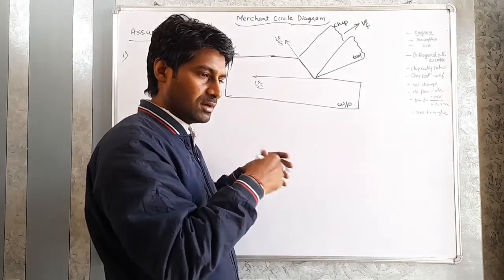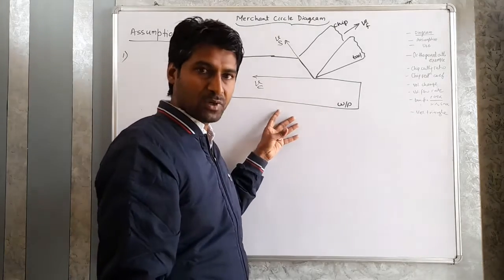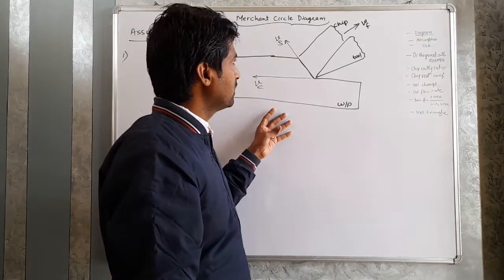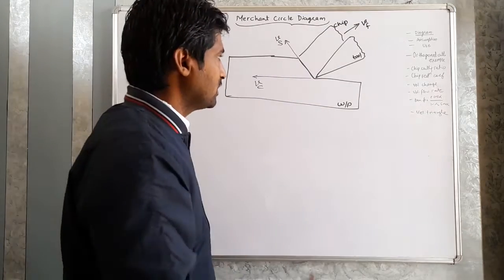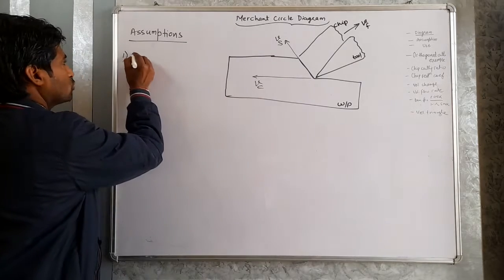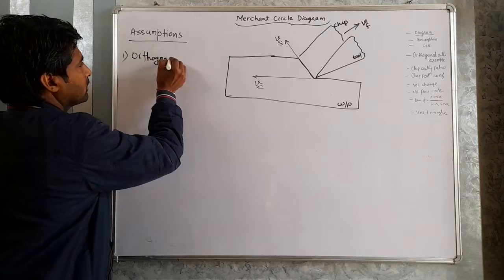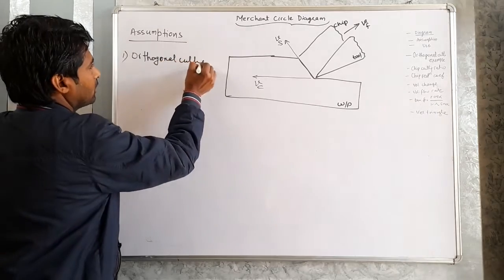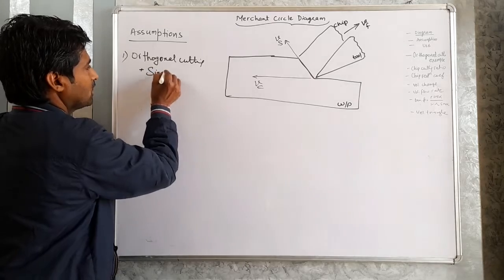I will discuss later what orthogonal cutting is and what the examples of orthogonal cutting are. But this is one of the assumptions, that the cutting was orthogonal and the tool used was a single point cutting tool.